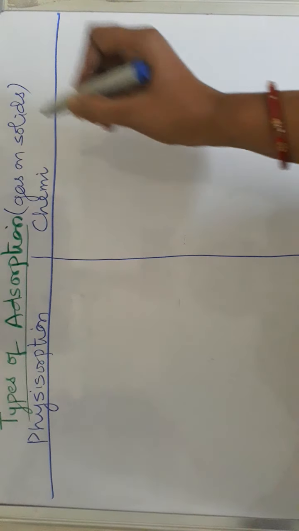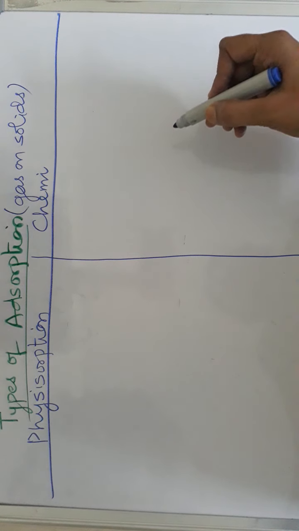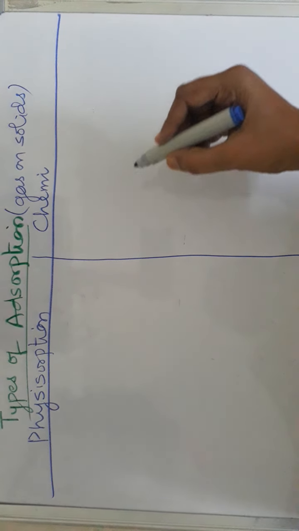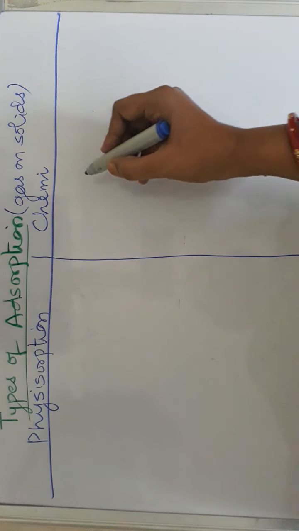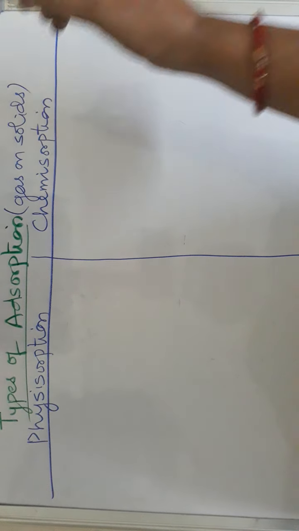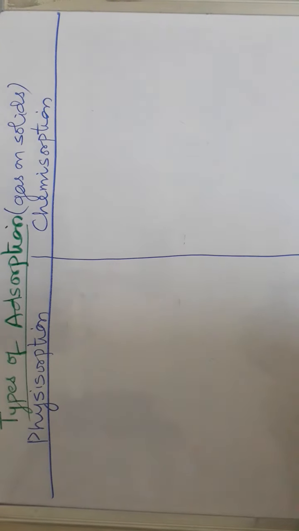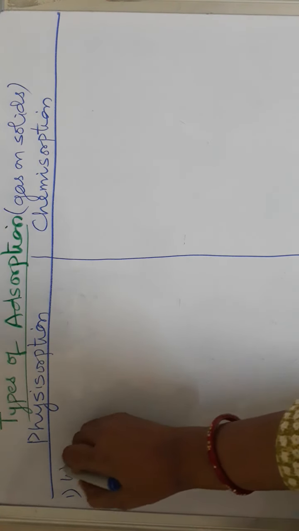As I said, when gas is adsorbed on solids, it is observed that two types of adsorption are there, and this classification into physisorption and chemisorption is based on the type of interactive forces which exist between the adsorbate and adsorbent. In physisorption, the force of attraction between the adsorbate and adsorbent are weak van der Waals forces.